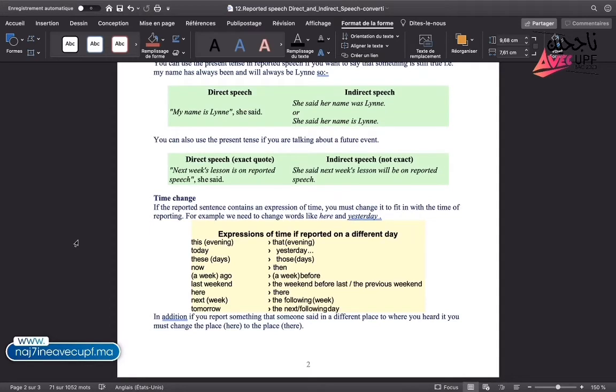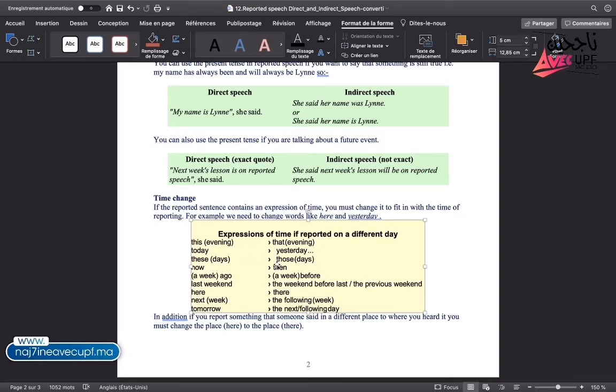Alors، الله يرضي عليكم، عندي هنا une expression. Okay, les expressions of time, expressions of time, if reported in a different way. مثلا this evening كتولي that evening. Today, yesterday. These days, those days.